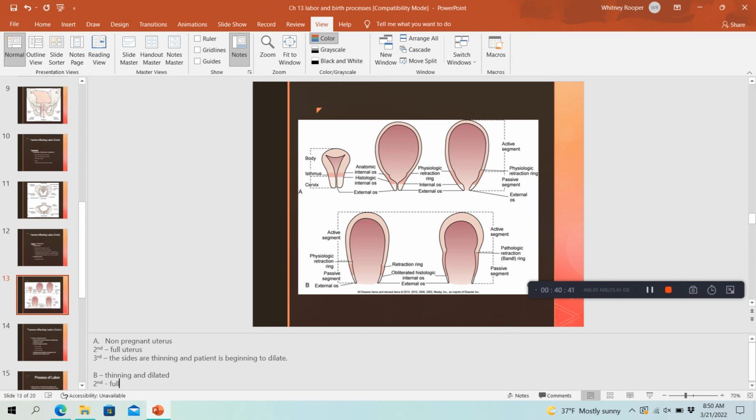And when it's at 10 centimeters, it's completely open enough so that the baby can fit through. And that's what we're looking at for effacement. That's the thinning. So it's a two-part thing. You have to have dilation and thinning of that cervix. And then as that happens, the baby descends, and then we assess station, and the baby's head descends.